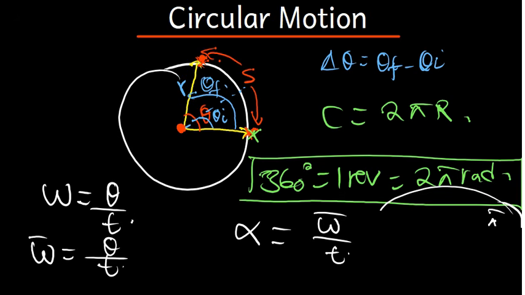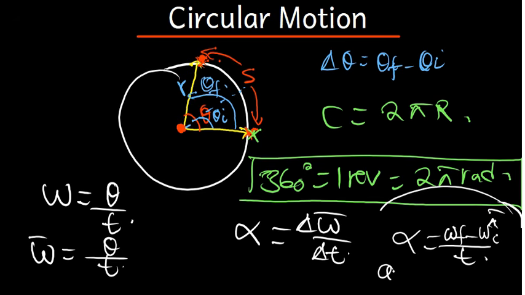If you want, you can say the change in angular velocity over the change in time, where you have the angular velocity final minus initial divided by the time. This is also very, very important. Now, when we're talking about linear motion, this is what we call the linear acceleration, which is represented by a.